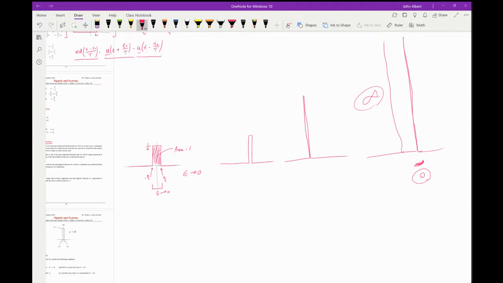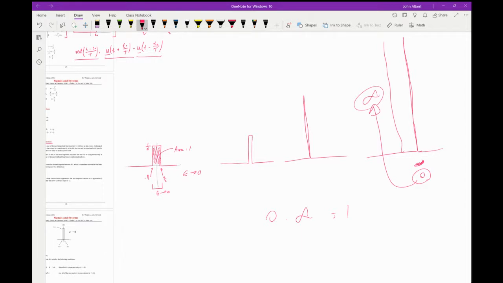Why? Because to get the area under that curve, I'll have to multiply 0 by infinity. And 0 by infinity is not equal to 1. It's not equal to 10. It's not equal to infinity. It's not equal to 0. It's undetermined. You cannot just say 0 multiplied by infinity is equal to 1, for example. It could be anything. You cannot determine it just by looking at the 0 and the infinity.